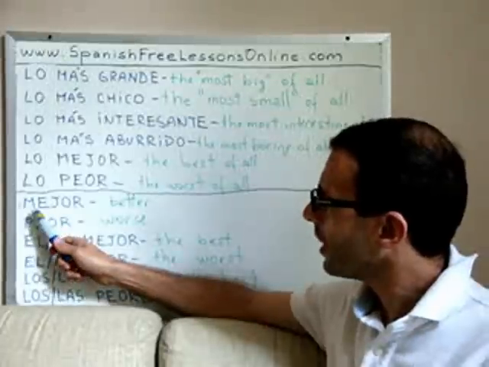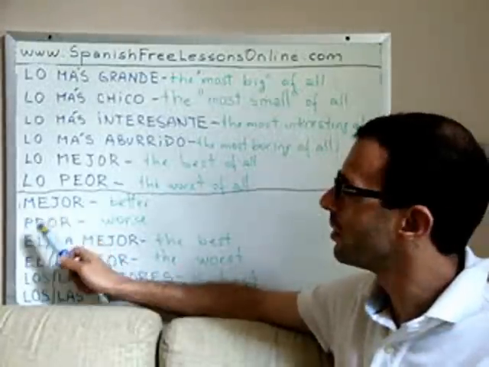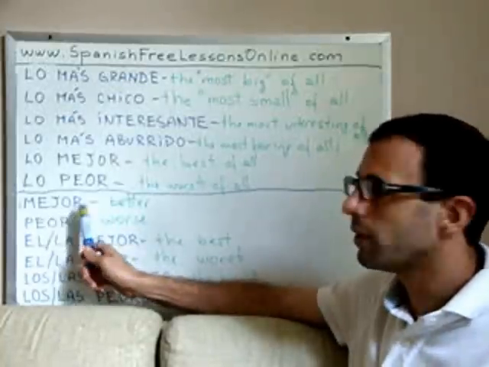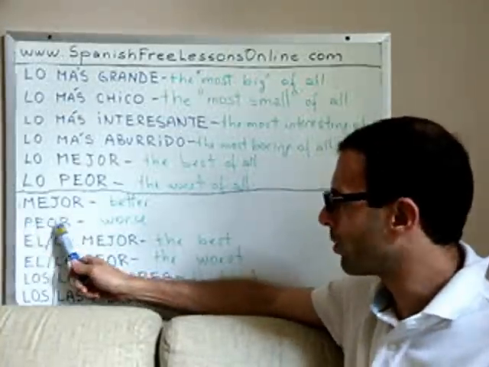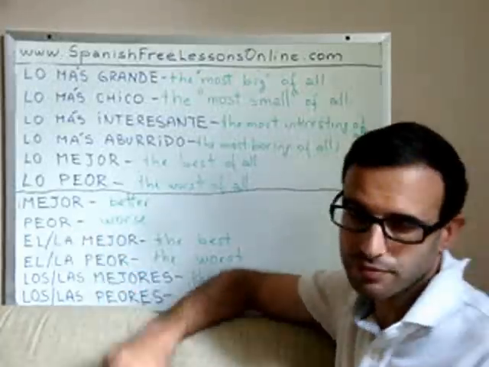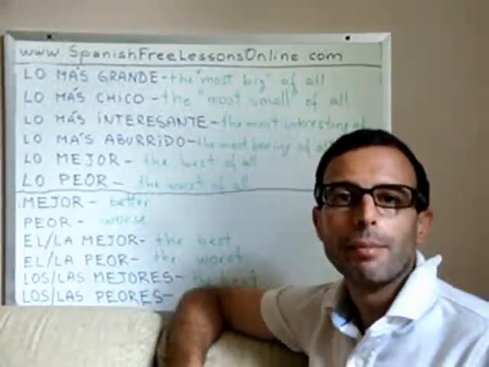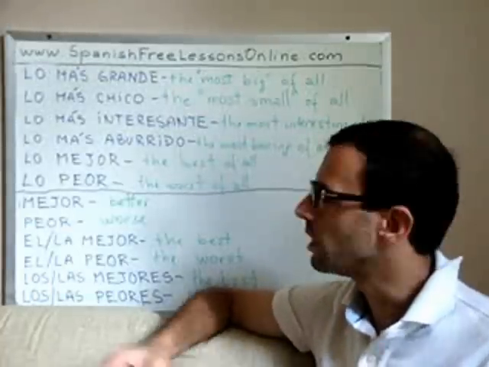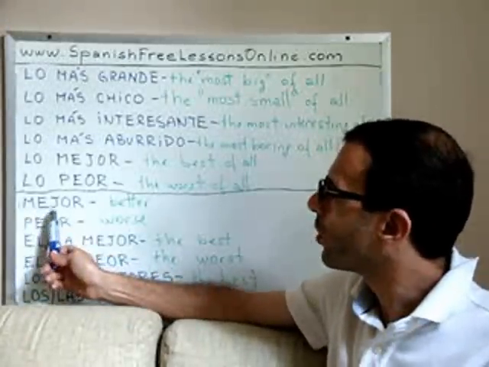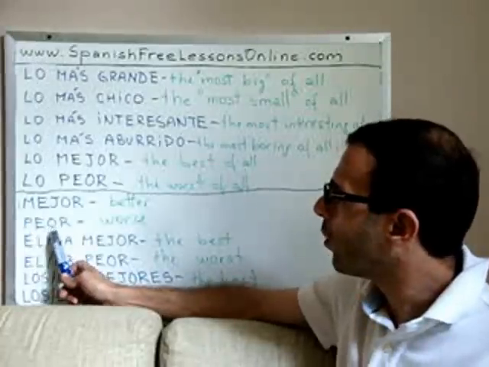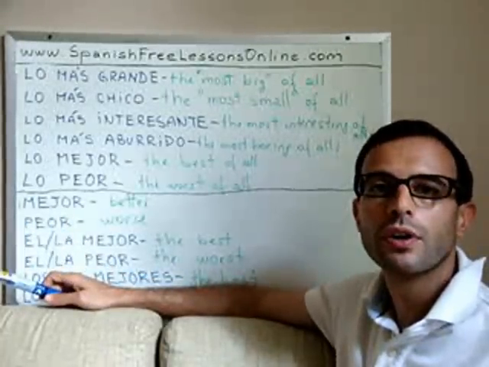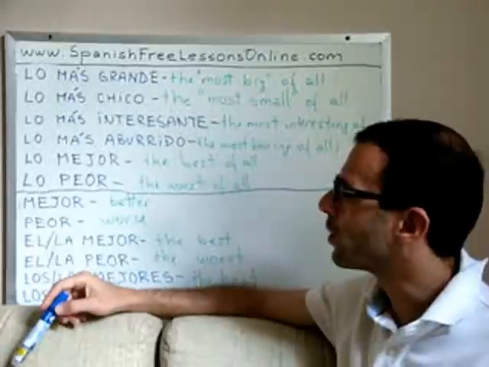It's mejor and peor. Mejor is better, peor is worse, right? Mejor and peor. Each one has two syllables. Remember the J is pronounced like this, okay? Mejor.